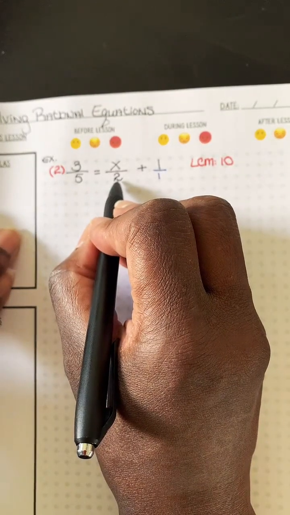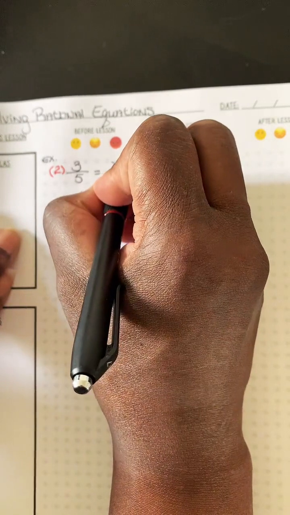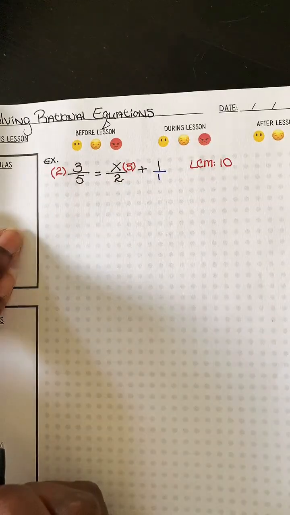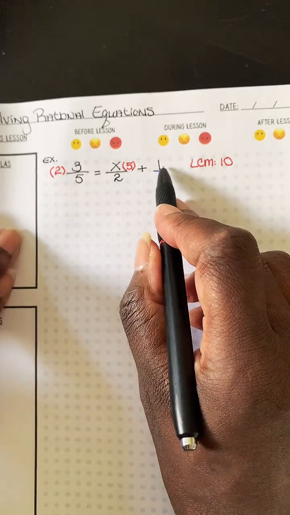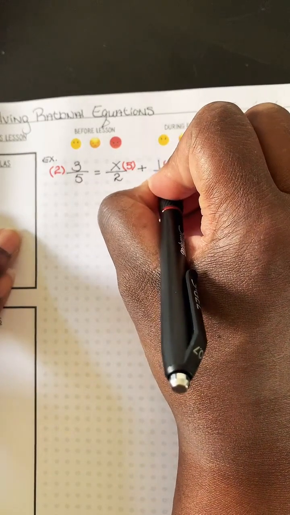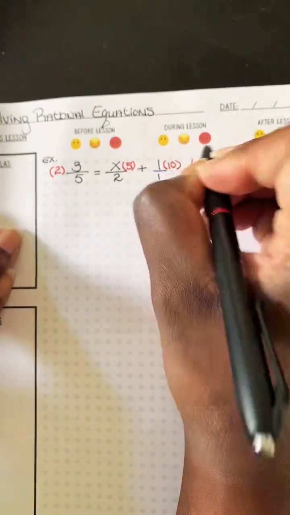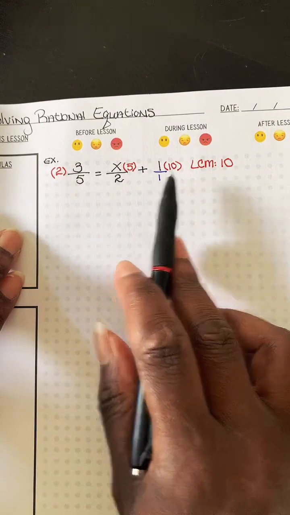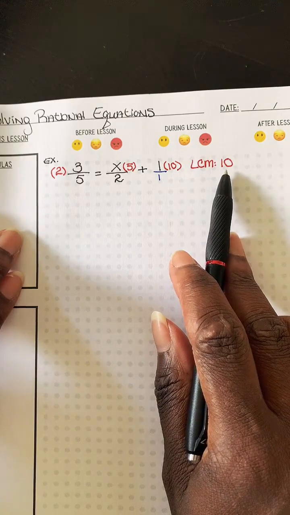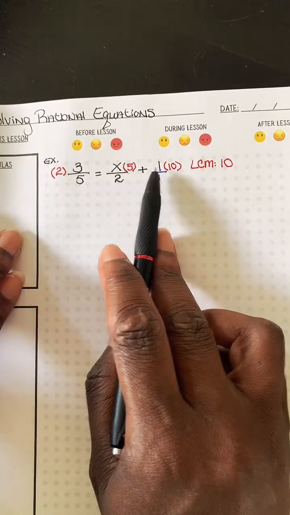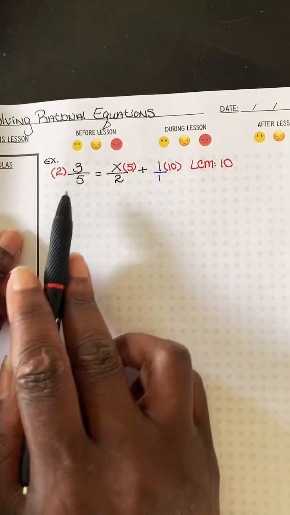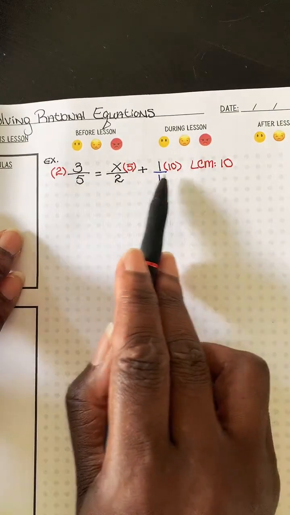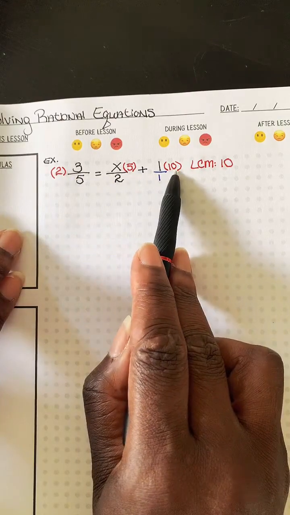If we have a 2, what's missing, that means I want to multiply this x by a 5. And with the 1, I'm going to multiply it by the 10. I was always told that since your denominator is going to be exactly the same, which is 10, only multiply what you need. Because we just basically use the LCM to figure out what our numerator is going to be.